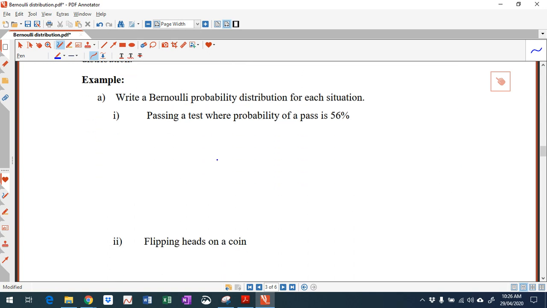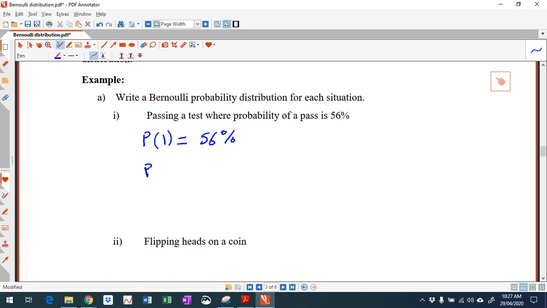Okay, so let's have a look at part A. It says write a Bernoulli probability distribution for each situation. Passing a test where the probability of a pass is 56%. Okay, so our success value is 1. So I'm going to say 56%.